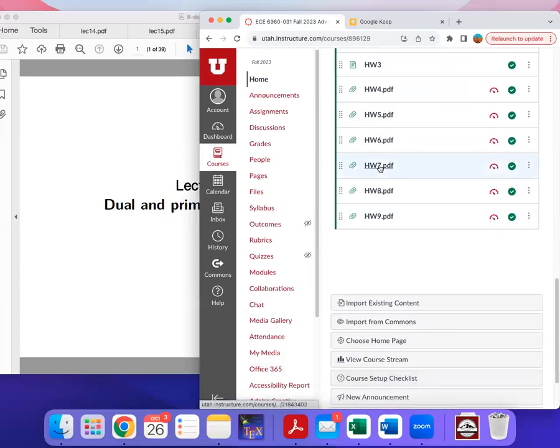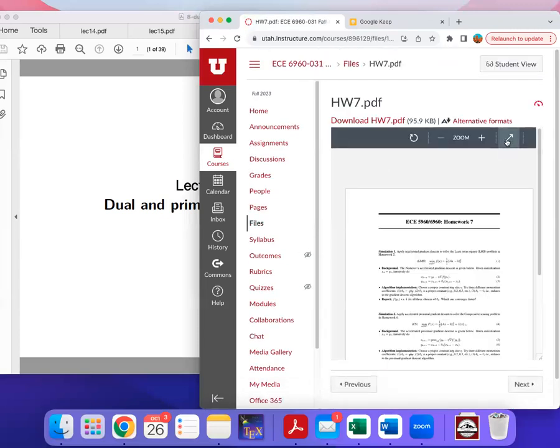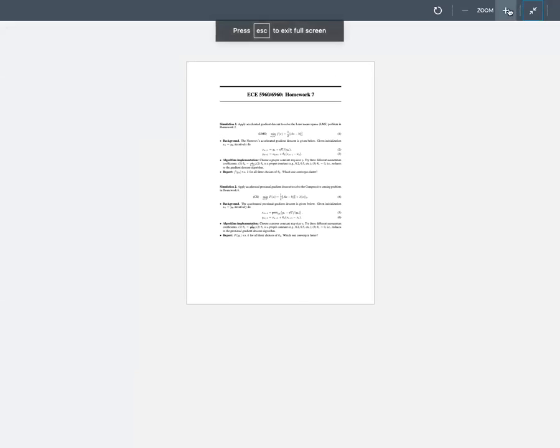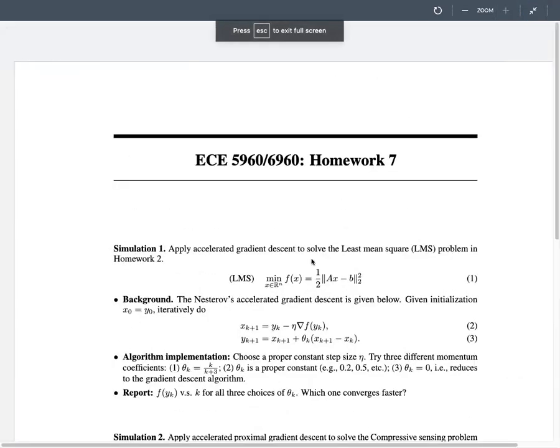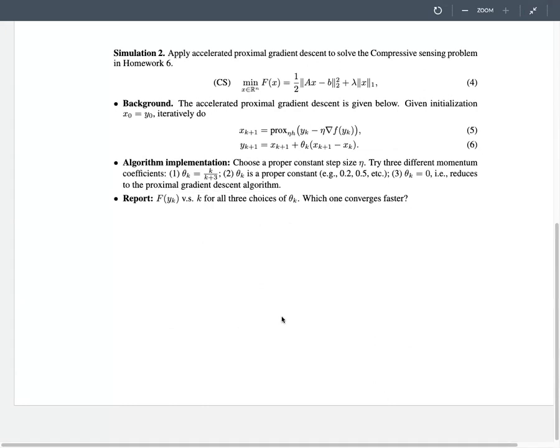So homework 7 would be, let's see, this is the accelerated algorithm. We already talked about that.